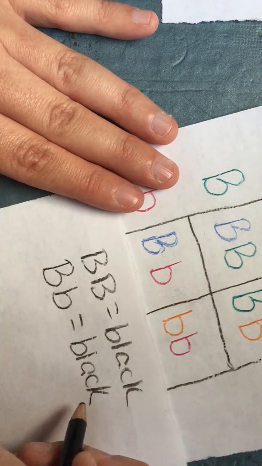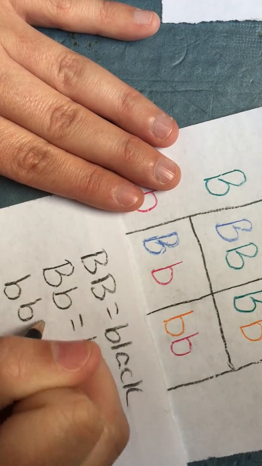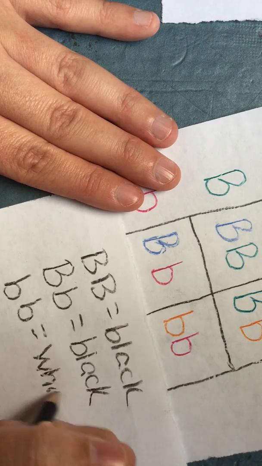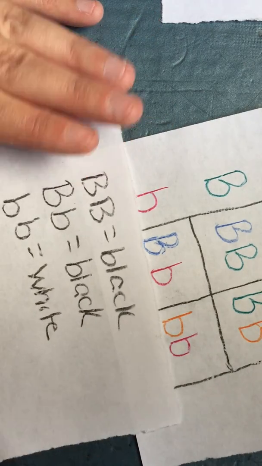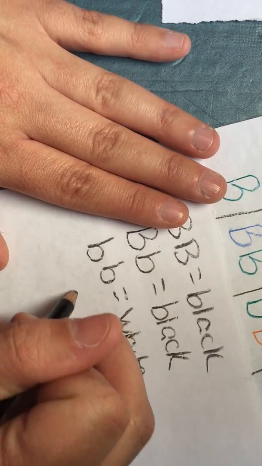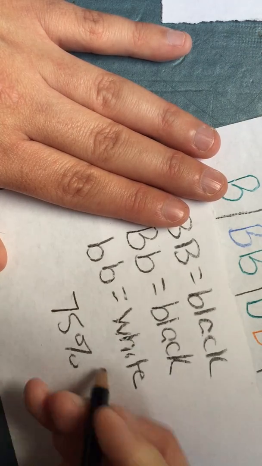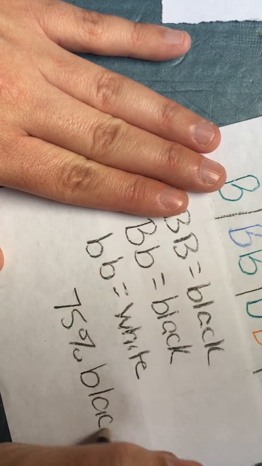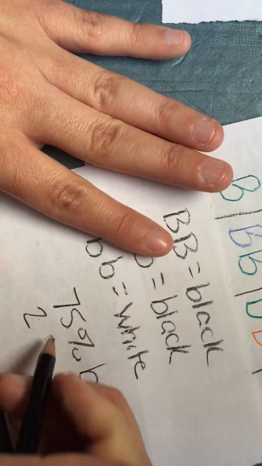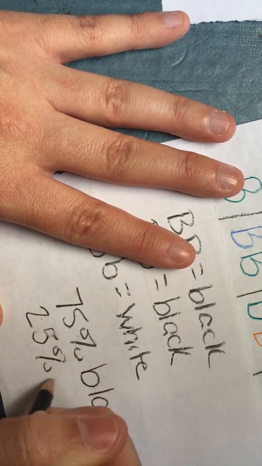And then our last box is the recessives, so it's going to be represented by white fur. If we wanted to do this in percentages, we would have 75% chance of the offspring being black, and then only a 25% chance of the offspring being white.